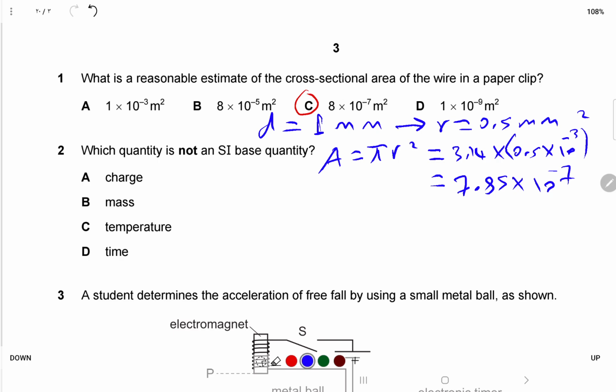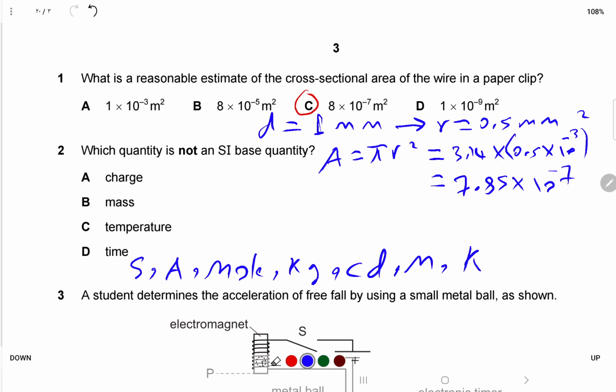Question number 2. Which quantity is not an SI base unit? First of all, you have to memorize the 7 SI units here. What are the 7 SI units? You can list them: second, ampere, mole, kilogram, candela, meter, Kelvin.